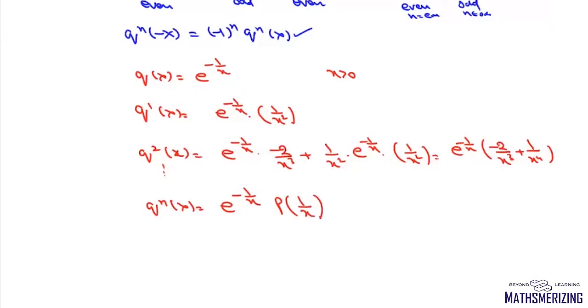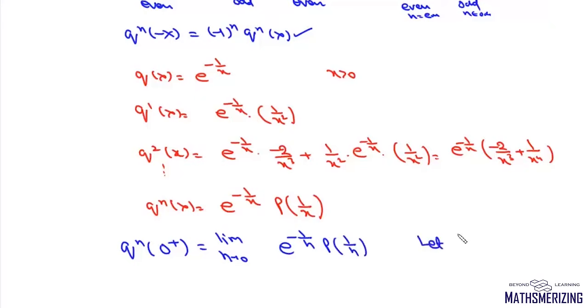Now if we have to find q^(n)(0) positive, it will be this limit h tends to 0 e to the power minus 1 by h times p of 1 by h.